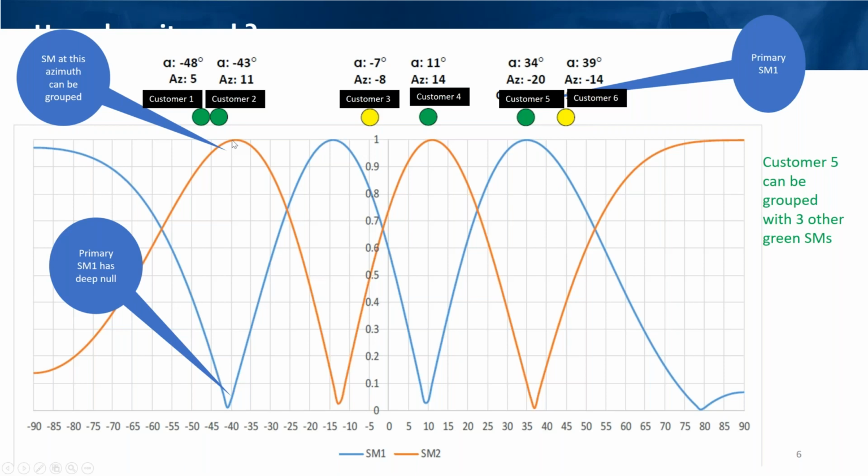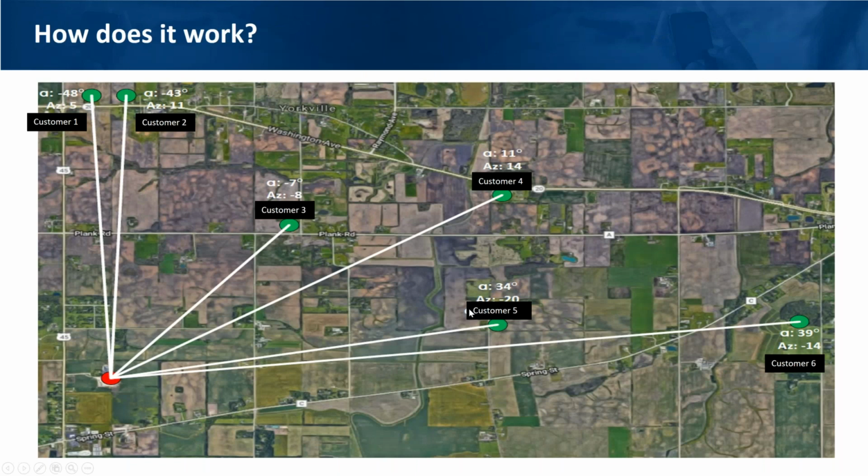And what you saw in the earlier picture, represented here in green, says that customer 5 could potentially be grouped with customer 4, 1, and 2. Take 2 seconds to go back to the picture. Customer 5 is here. It can be grouped with these guys, but 5 cannot be grouped with 6 because these two are too close to each other in the azimuth angle.